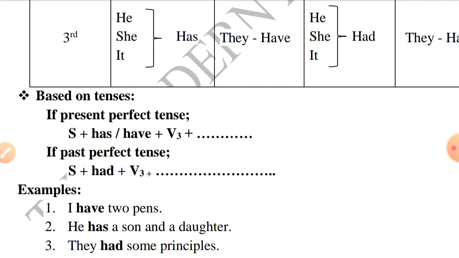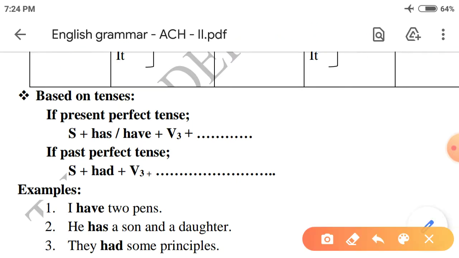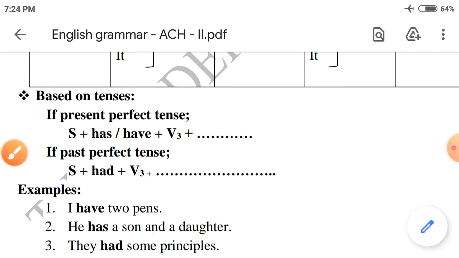Okay. So for the rule for present perfect tenses, first one subject, second one has or have, where we have to use has when the subject is he, she, it. When the subject is I, we, you, they, there we have to use have. Then verb 3, that is past participle, then remaining part of the sentence. Okay, so this is a rule for present perfect tense.